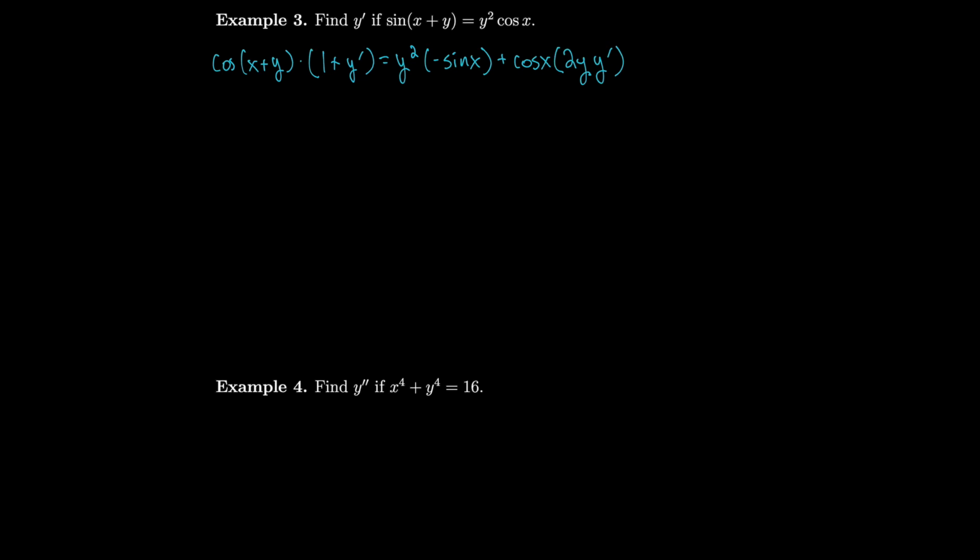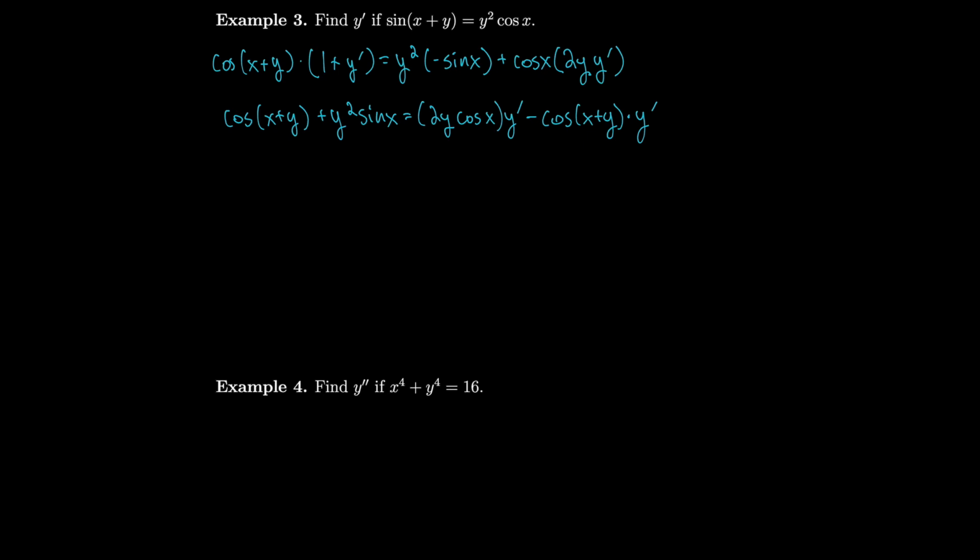So then this becomes cosine of x plus y plus y squared sine x is equal to 2y cosine x times y prime minus cosine of x plus y times y prime, because we want to get all of the y primes to one side.